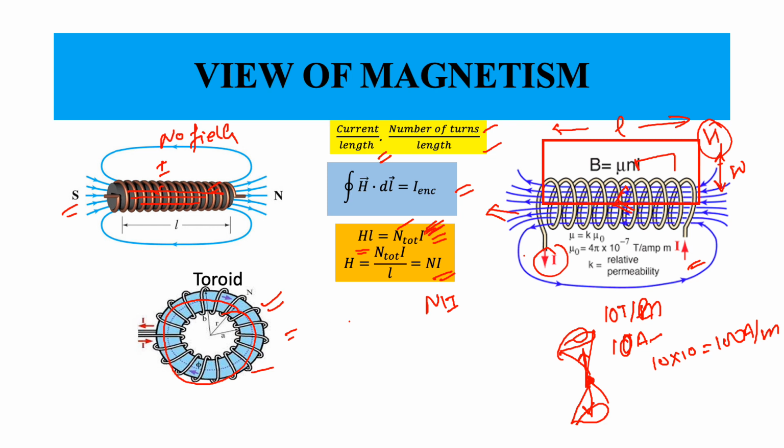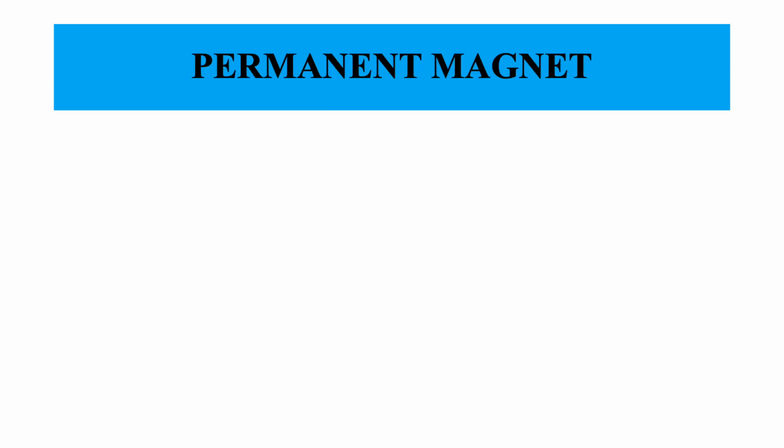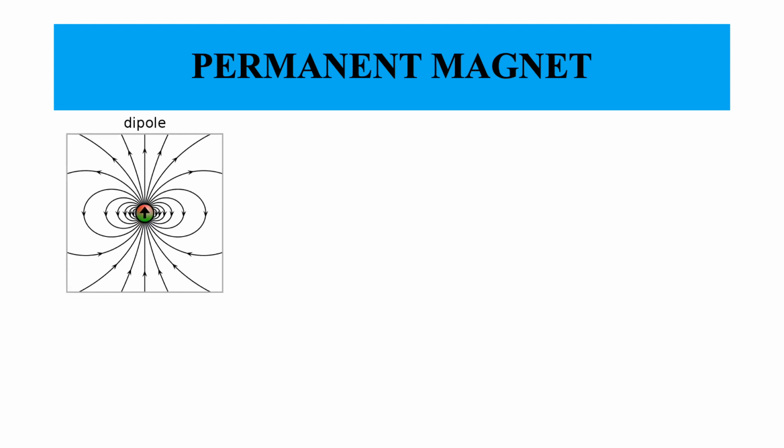If you want to obtain the B field, let us go ahead and look at magnetic material. We have already discussed the dipole. If you remember what an electric dipole was, it was two charges separated by a certain distance, and the field far away from the dipole, when evaluated, was given by a certain expression.